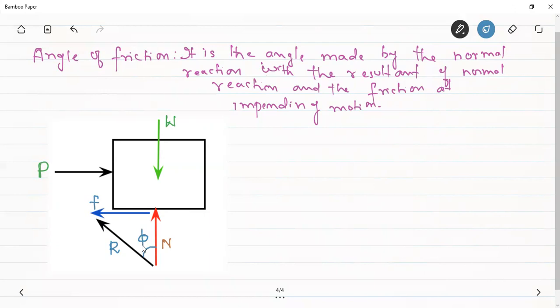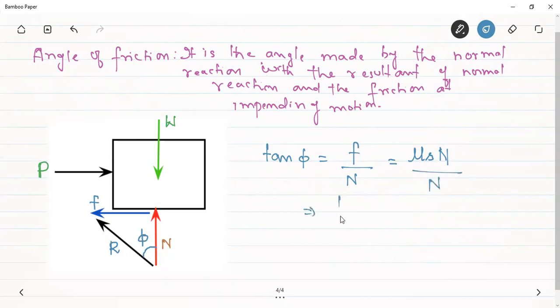But in the case of impending motion, from this right angle triangle we can see that tan phi is equal to perpendicular by base, that is, friction force divided by the normal reaction. And since it is the case of impending motion, the friction force is equal to mu sn, so it is mu sn divided by n.